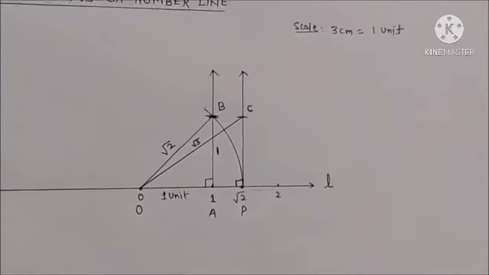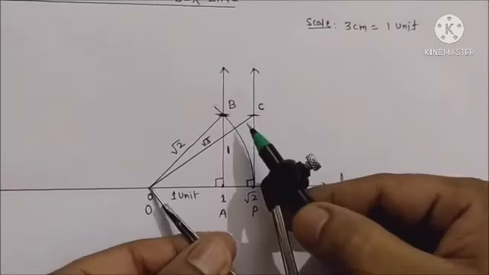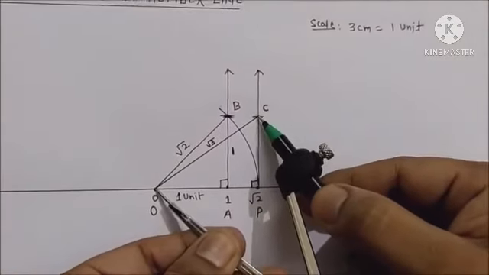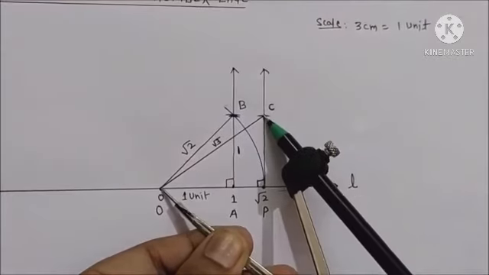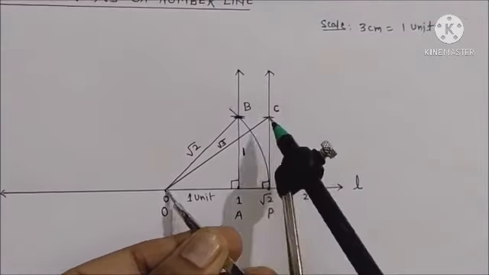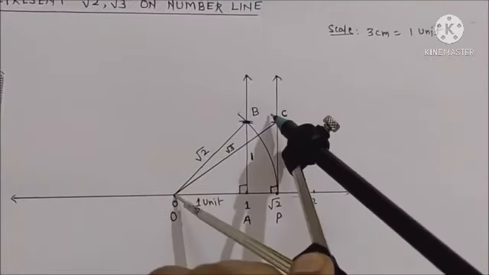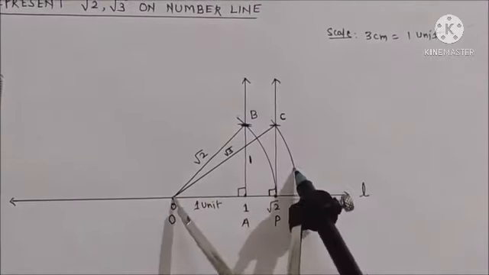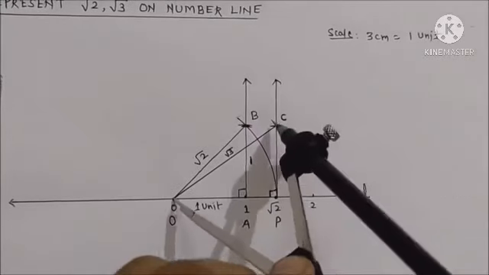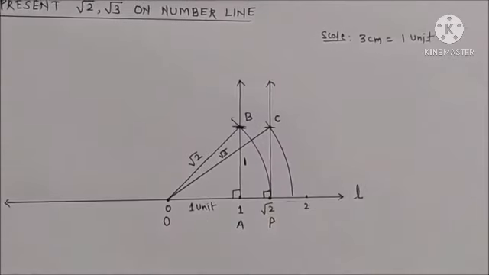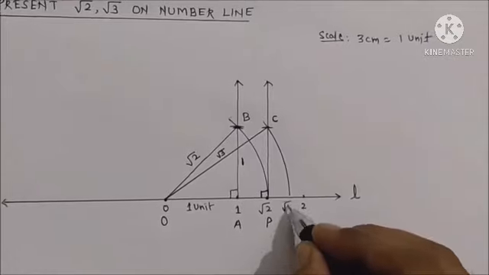Take compass on point O and take distance from O to C. Compass on point O and distance from O to C, and from this point you make an arc here. Well, this is root 3 on the number line.